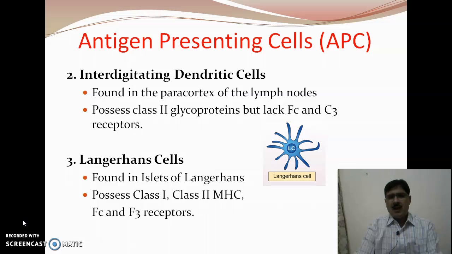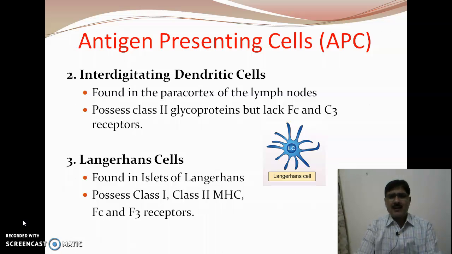They possess class II glycoproteins but lack Fc and C3 receptors. Their structure is similar to the follicular dendritic cells, more or less similar to the dendrite of a neuron or nerve cell.